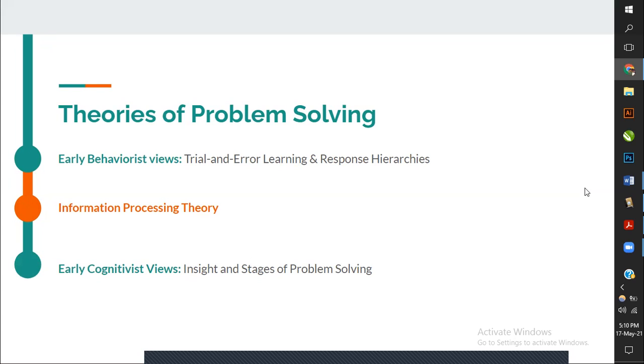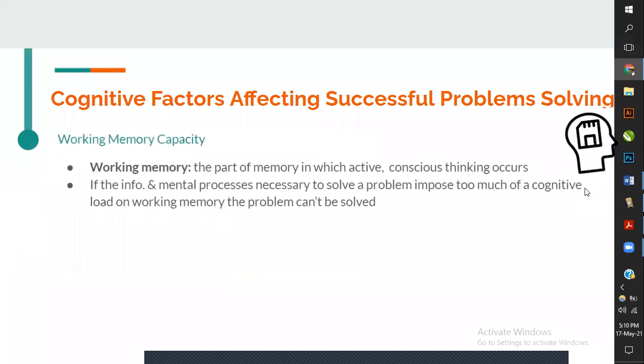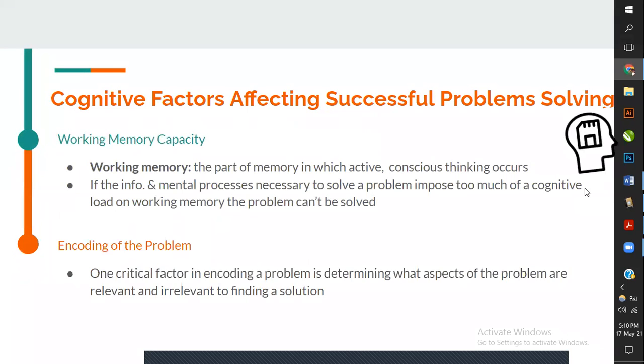Polya also proposed four steps. These four steps relied heavily on conscious and controlled mental activities. The first step was understanding the problem, identifying the problem, the knowns and unknowns.